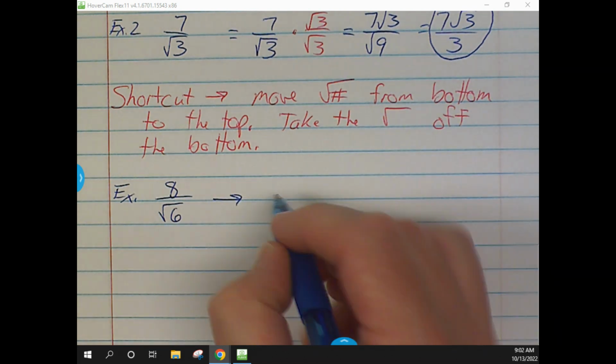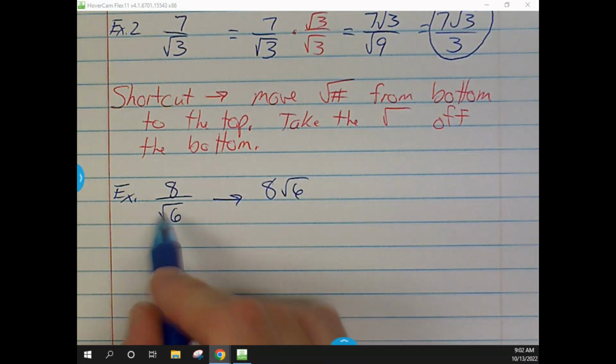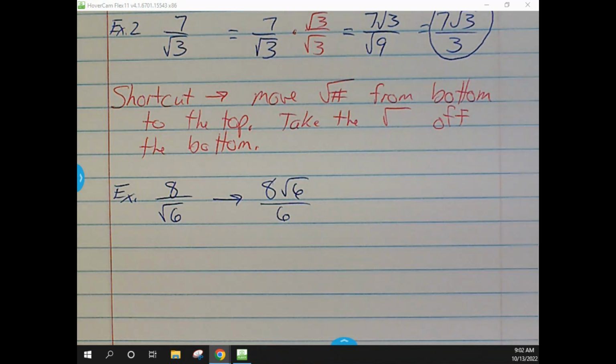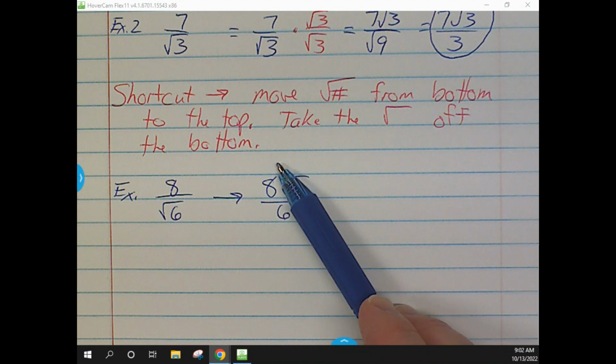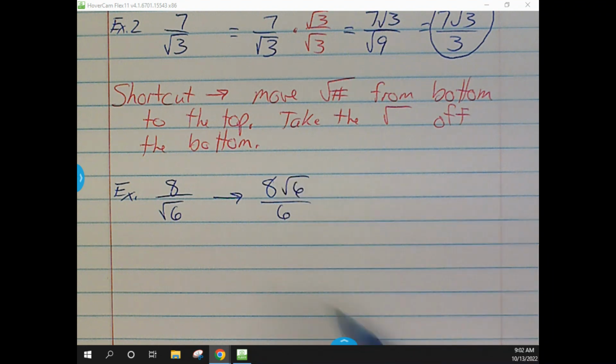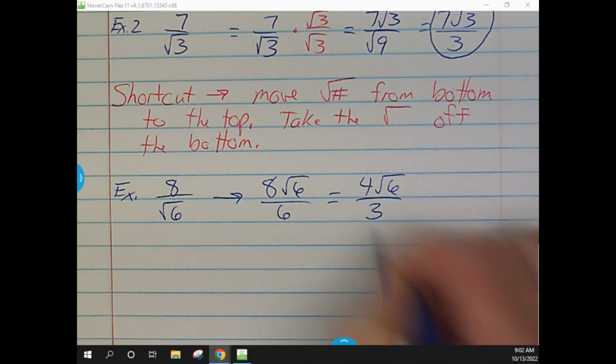We're going to move the square root of 6 from the bottom to the top. And on the bottom, you just take the square root off and just give me a 6. Now I gave you this one because sometimes when you're working through these, you will get to the end. If you've got 8 over 6, that's the whole numbers. That part you could simplify. So you could divide them both by 2, so you can make it 4 square root of 6 over 3.